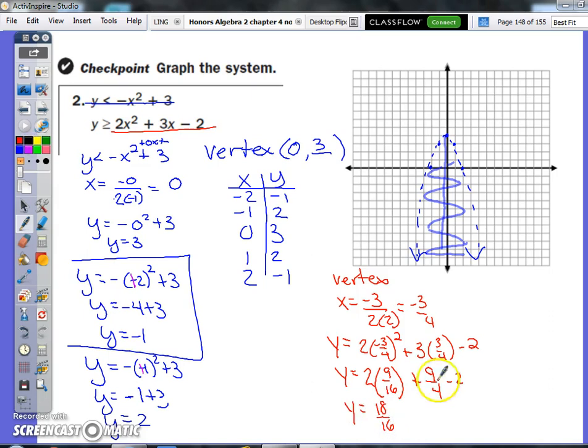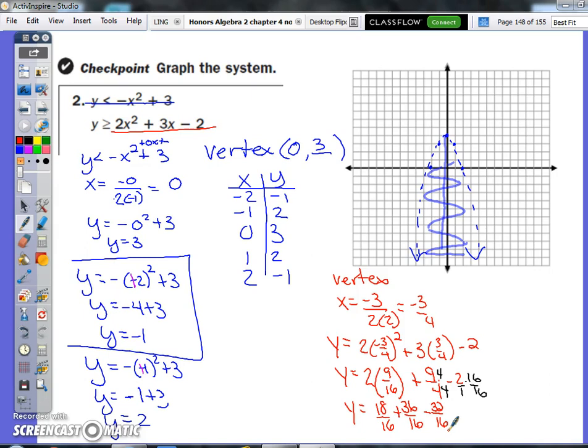If I multiply this by a 4/4, I'm getting a common denominator. And I'm going to multiply this by a 16/16 to get a common denominator. So this is going to be plus 36/16 minus what? 32/16. We'll see how that all works out for me.